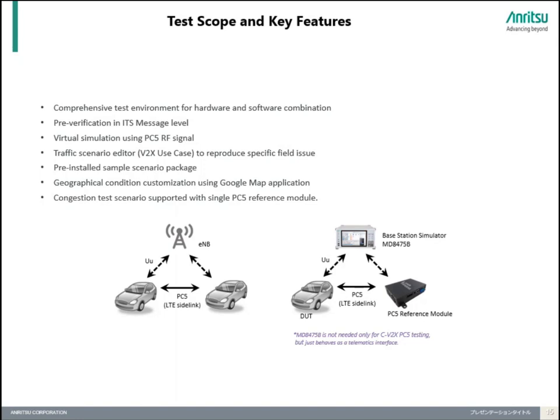Like your typical cellular communication, usually we have a base station, and you'll be interacting with the base station or the network. But as you can see with the PC5 communication, we are talking directly to the vehicle. There is no network in between, there is no base station in between, right?